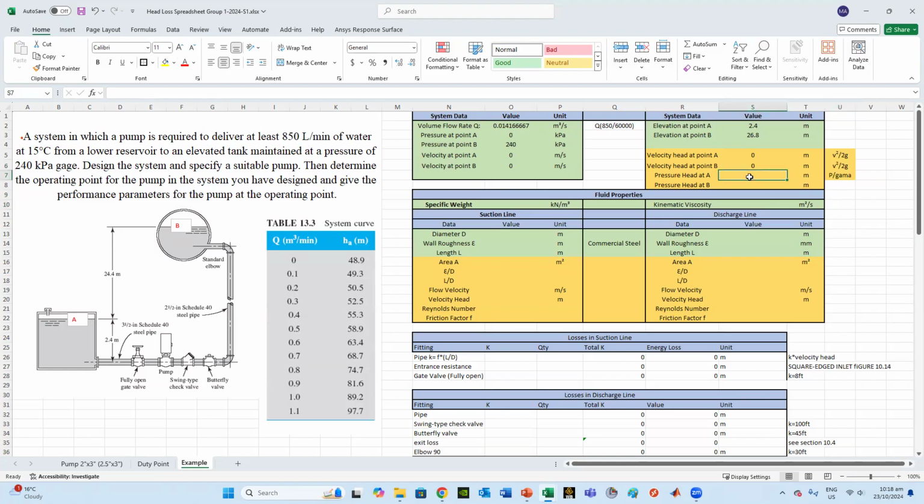At point A it is 0, but here it will not be 0 anymore. It has a value. But to do that, I need to understand what my value is, and that's why we're trying to get this from the specific properties of the fluid. What is the fluid? It is water at 15 degrees Celsius.